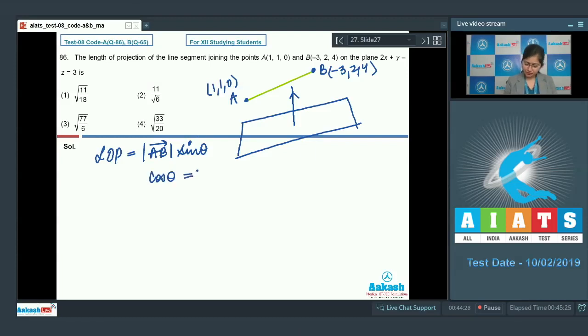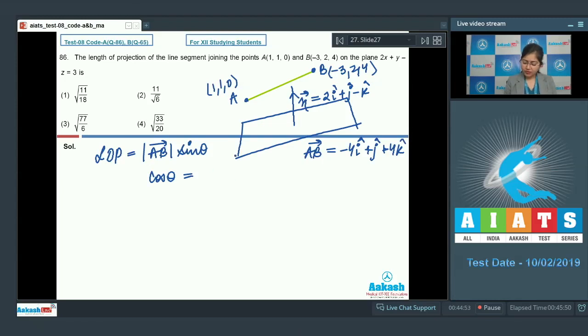Vector AB is equal to -3 minus 1, that is -4i cap + j cap + 4k cap, and this eta vector is equal to 2i cap + j cap - k cap, right? So we have to find the angle between AB vector and eta vector.